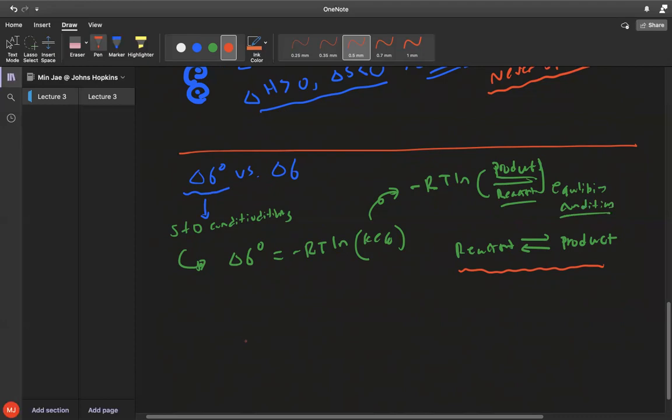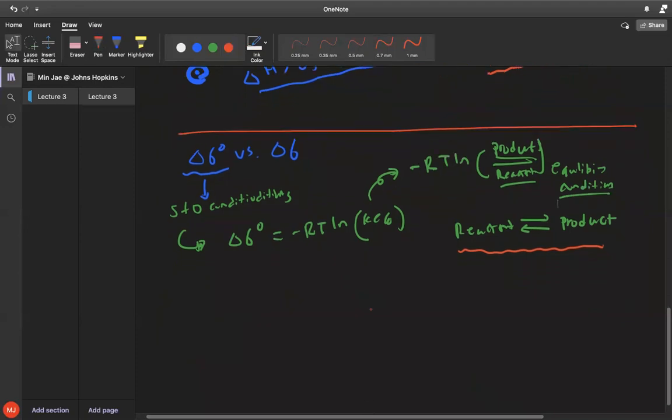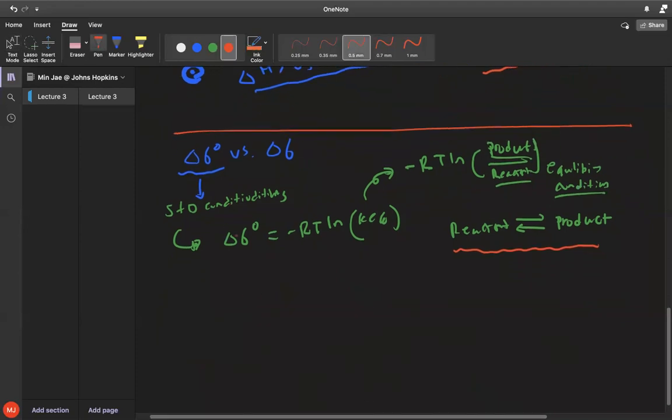So there is some set ratio between the product and the reactant after the reaction has started. That's how you express delta G naught, as negative RT ln KEQ, at standard condition at equilibrium. So there is this big difference between delta G naught and delta G.